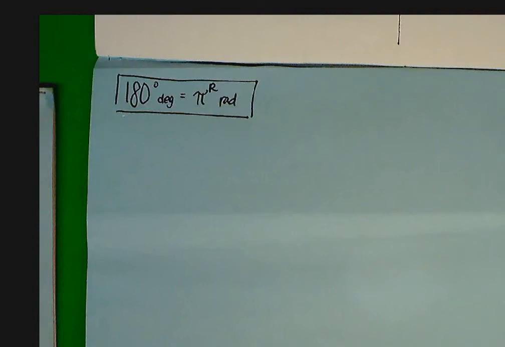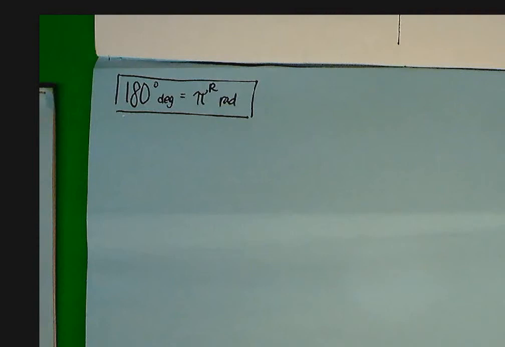Here, 2 pi. Now it's easier, watch. What about this? 4 pi. What about this? Watch. 5 pi.